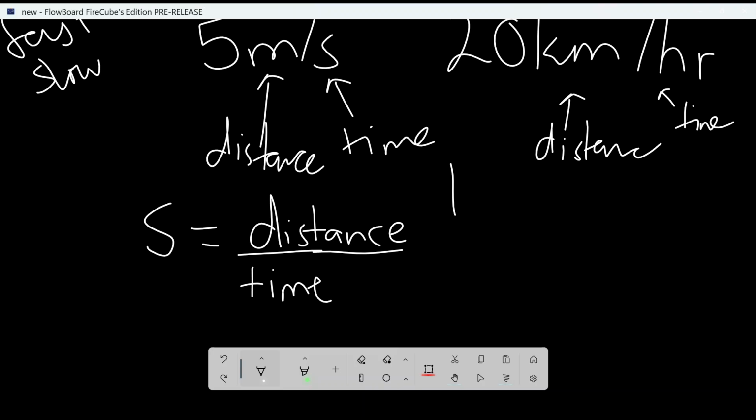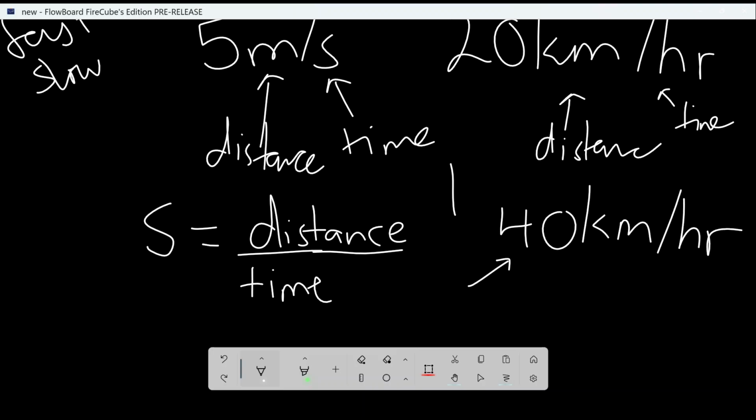So if you have a higher speed, that means you're covering a greater distance in a shorter period of time. If you're moving at a speed of 20 kilometers per hour and someone else is moving at 40 kilometers per hour, in the same period of time, this person is moving faster. But that's quite intuitive. I don't need to explain that too much.